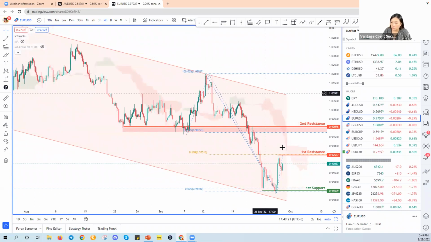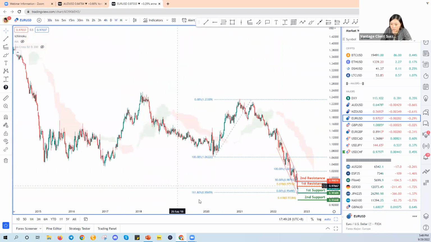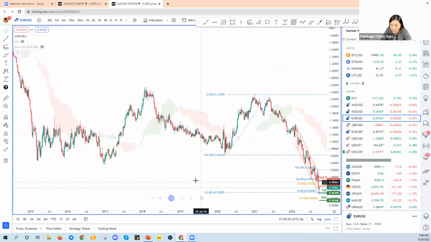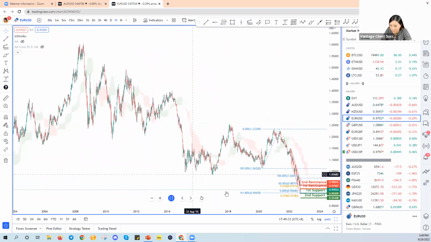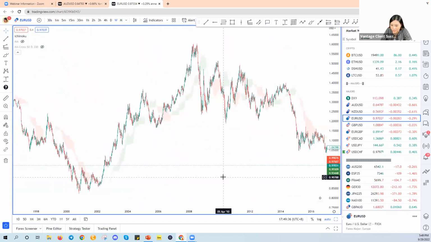Within the channel itself, my first support is here because this is the previous swing low. I have to zoom out very far away. Okay, it's not even that far.